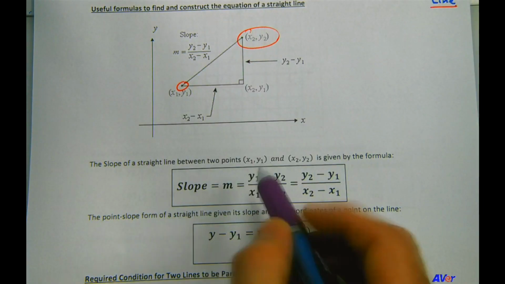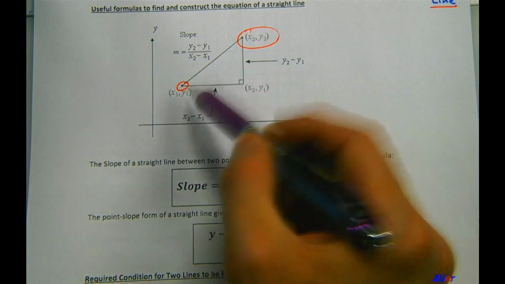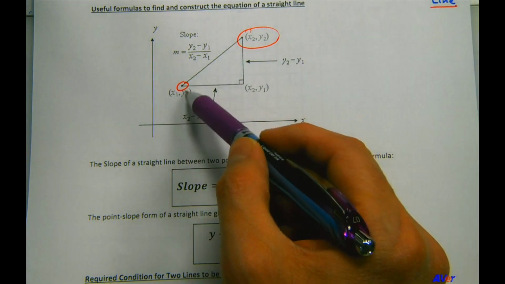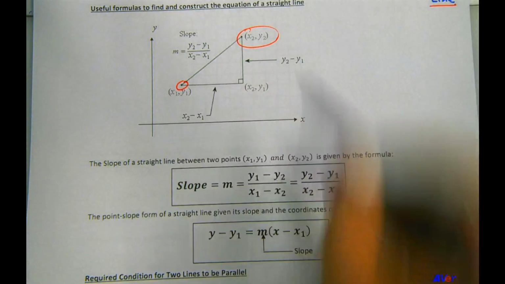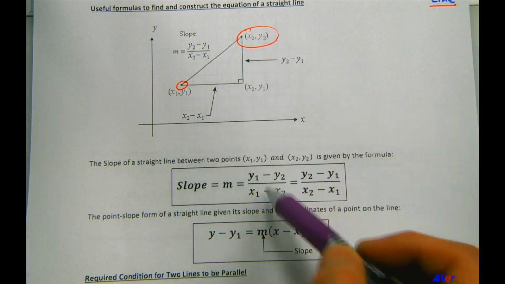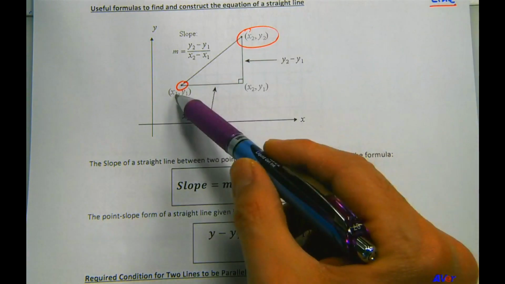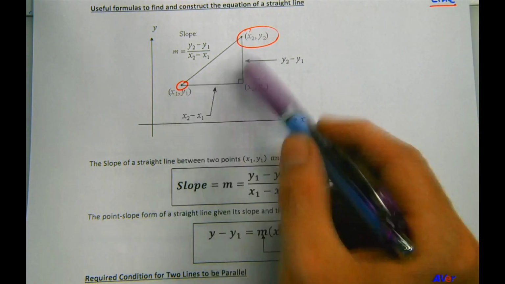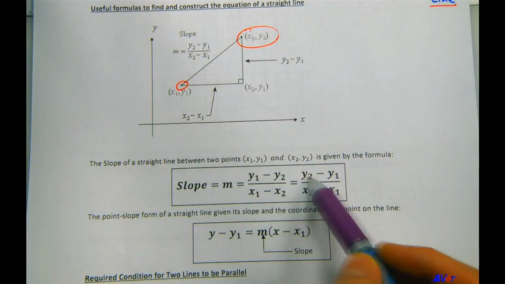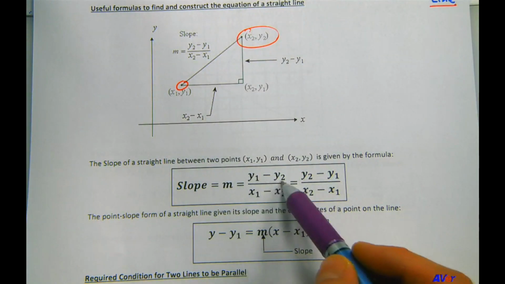You can say y1, the y component of one of these points, minus y2, the y component of the other point, divided by x1, the x component of this point, minus x2. Can you say y2 minus y1 instead of y1 minus y2?